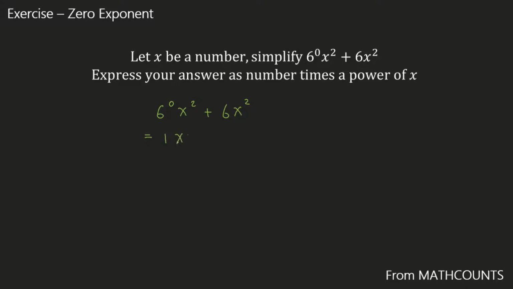So we have 1x squared plus 6x squared. So x squared is common in both terms here, so we can factor it out. And what's left is 1 plus 6 inside the parentheses. So this is the same as 7x squared, which is the final answer.